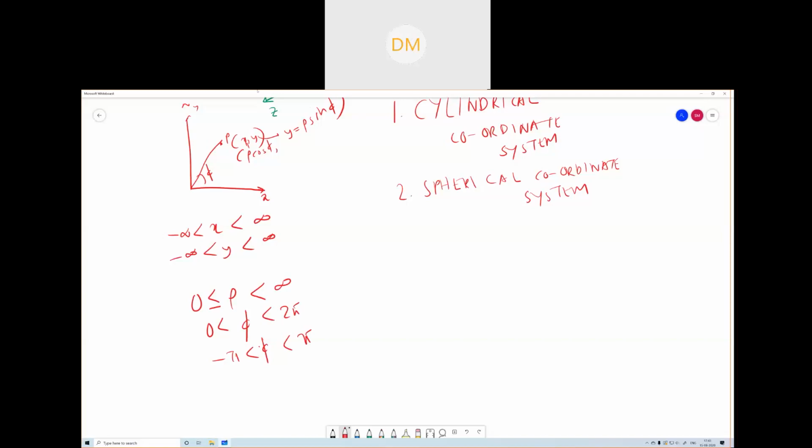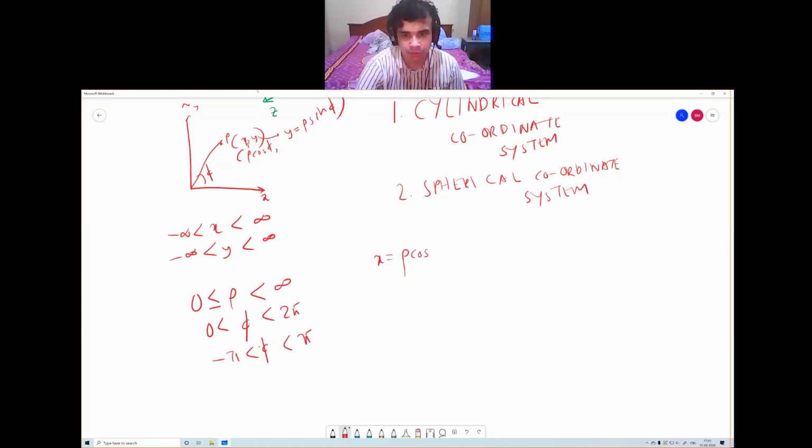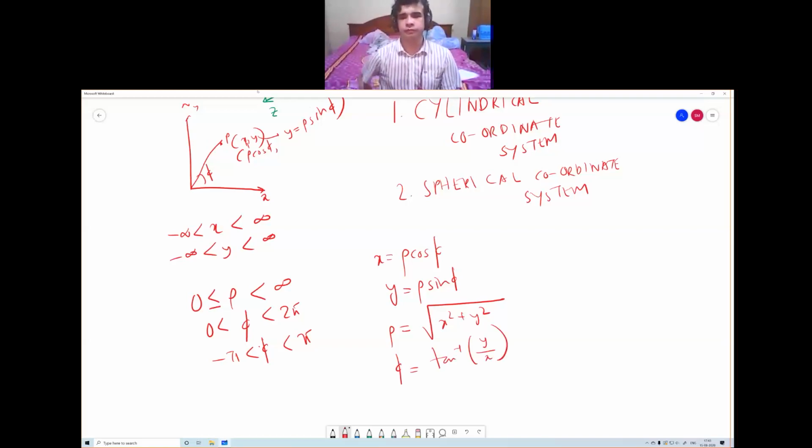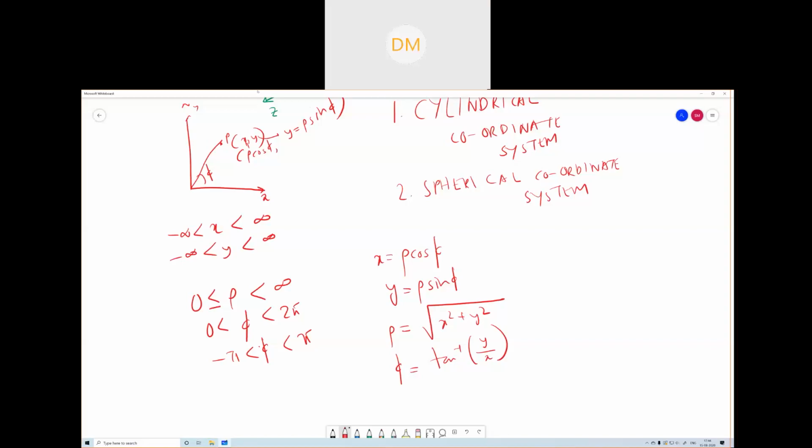And x equal to rho cos phi, y equal to rho sin phi, rho equal to square root of x square plus y square, and phi is equal to tan inverse of y by x. Is it okay? These basic equations?